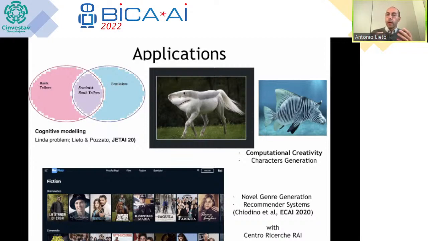RAI, where we combined the classical genres of the website of RAI, which is the public broadcasting company in Italy, in order to generate novel hybrid concepts like, I don't know, combining the concept of a Western movie with a drama.